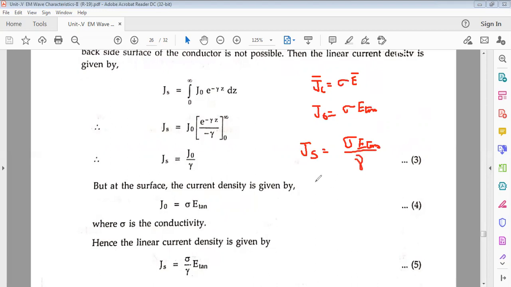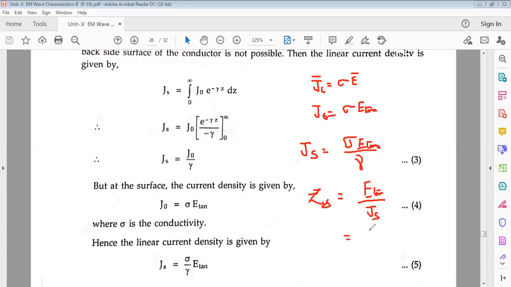From that, you can substitute Js in Zs, the surface impedance, the ratio between the tangential component of electric field and the surface current density Js. What is Js?